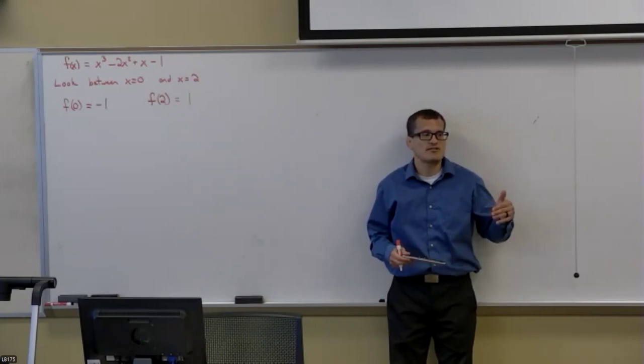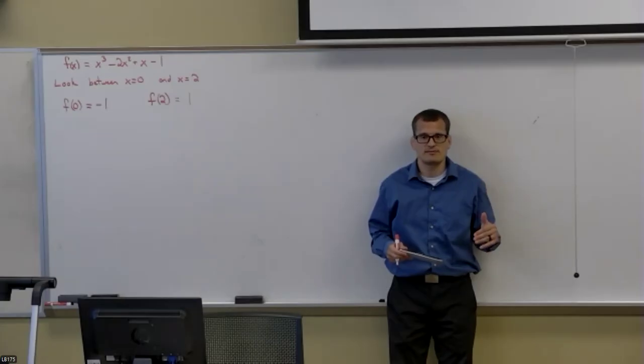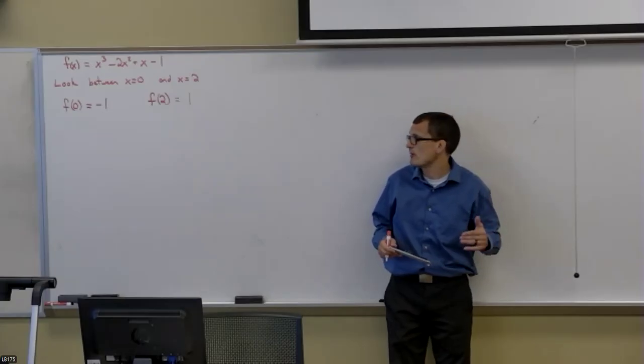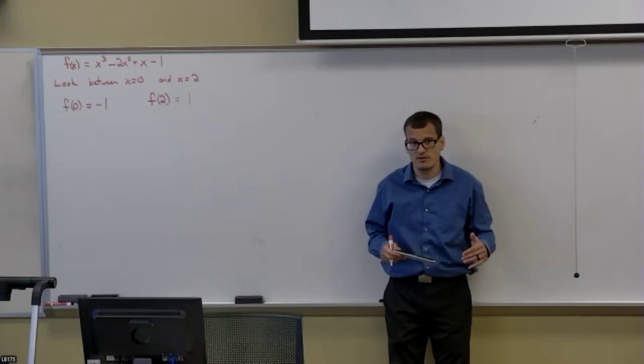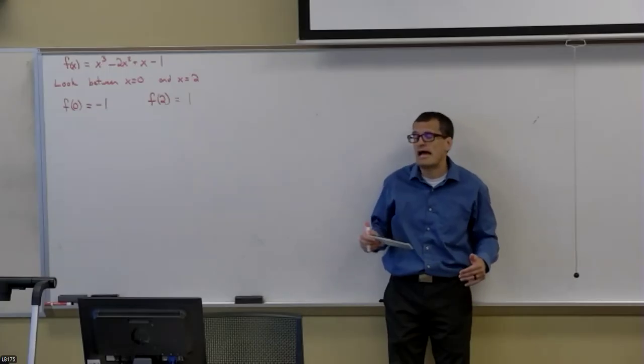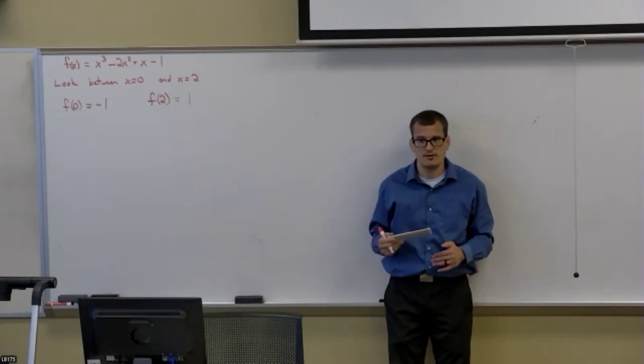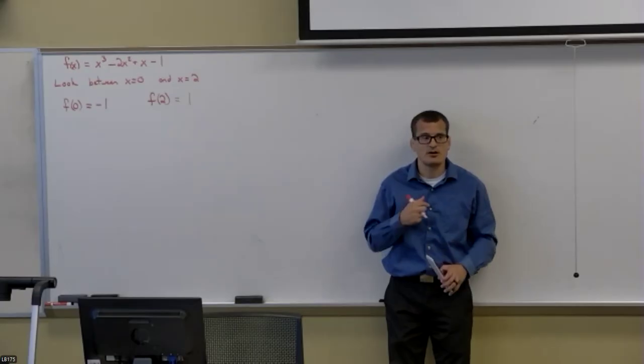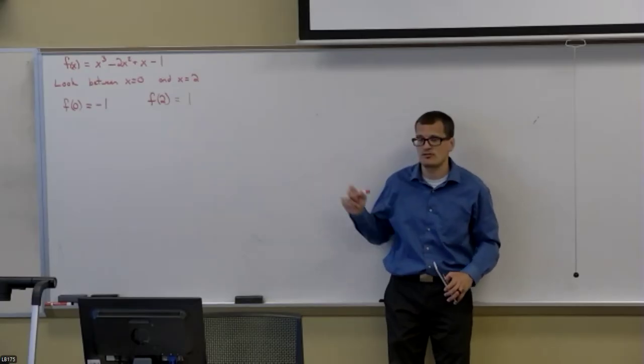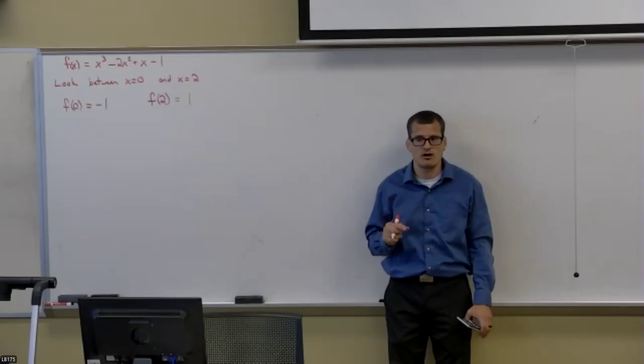Since 0 has an output that's a negative number, and the other number 2 has an output that's a positive number, I know that somewhere between 0 and 2, my graph is going to cross the x-axis.